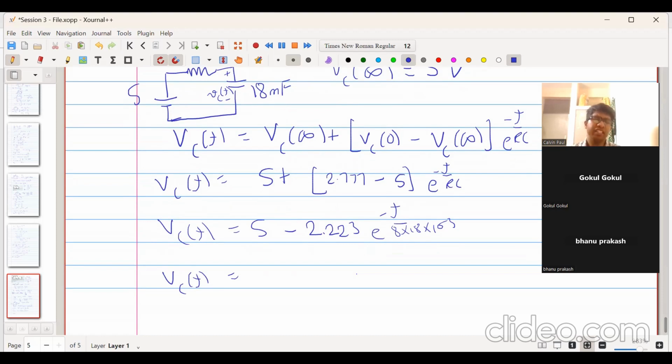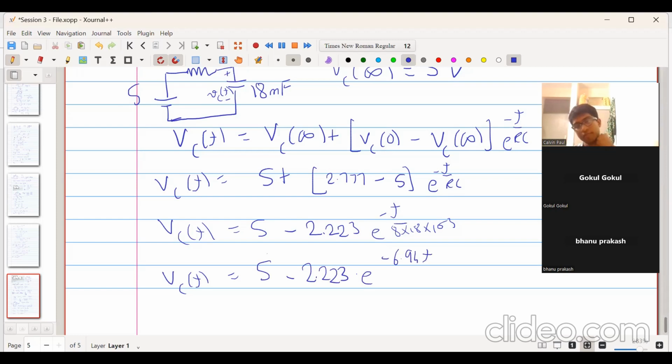What is 1 upon 0.144? 7. Actually, when I did the calculations, I got 5 minus 2.223 e to the power minus 6.94 t.